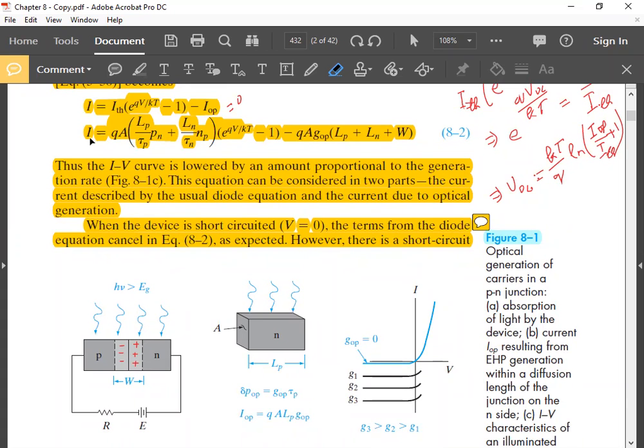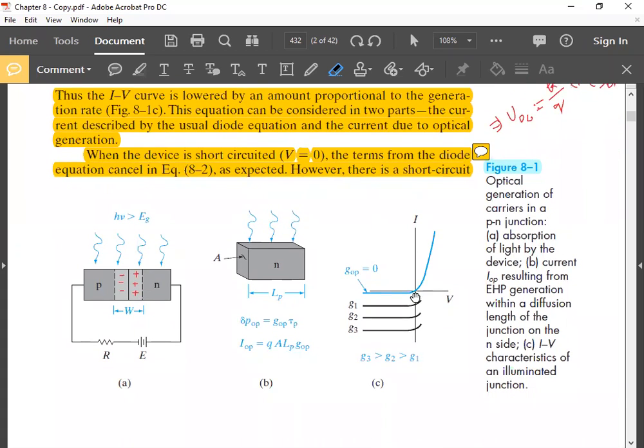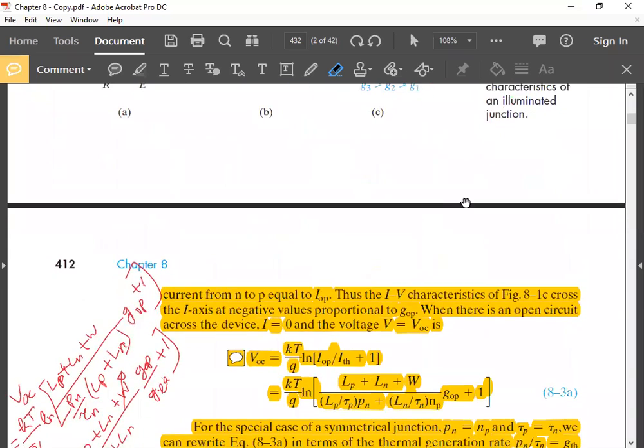So the crossing of this IV characteristic with the I axis, at the condition V is 0, will be more and more negative, right? Yes, sir. So that is what is mentioned: the IV characteristics of figure 8.1c cross the I-axis at negative values proportional to GOP.